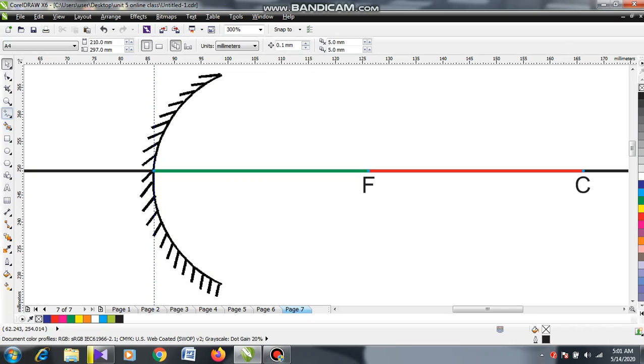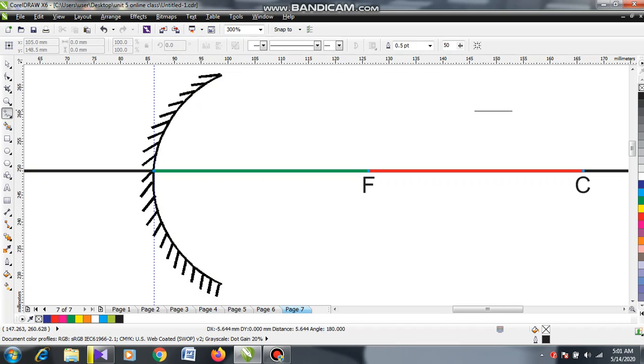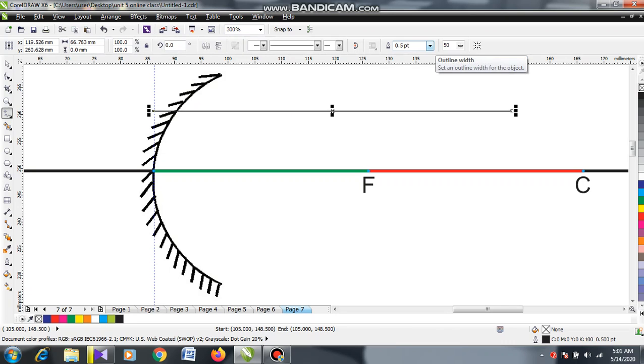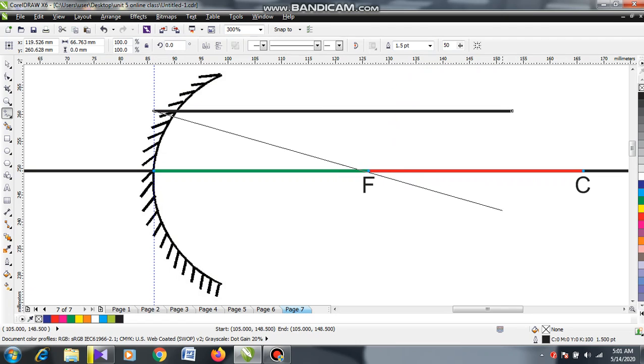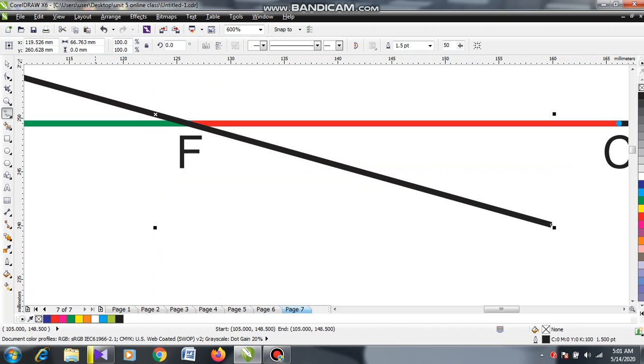If you send a light ray parallel to the principal axis, it will reach the optical axis, and then it will be reflected through the focal point. Exactly, you have to make it go through the focal point.